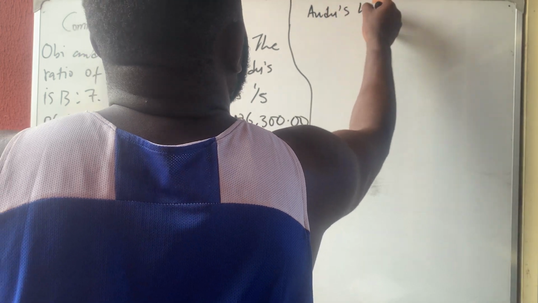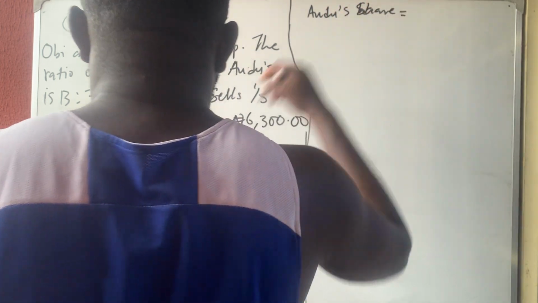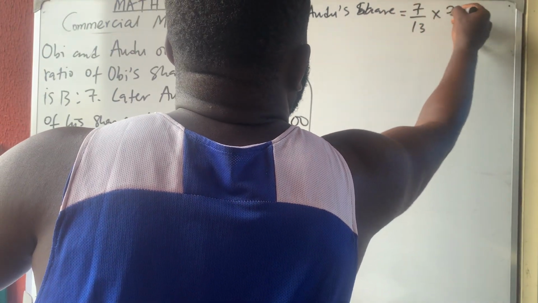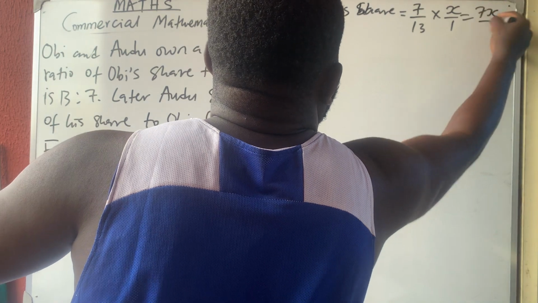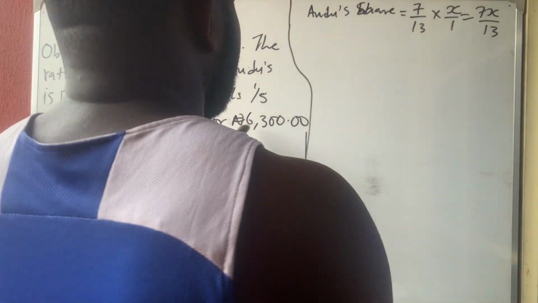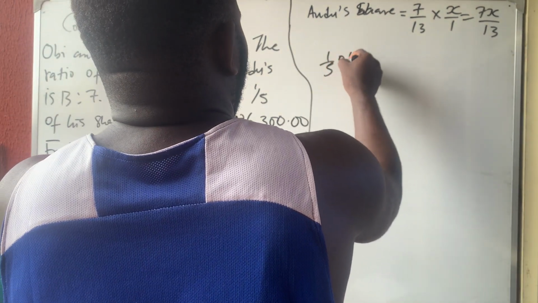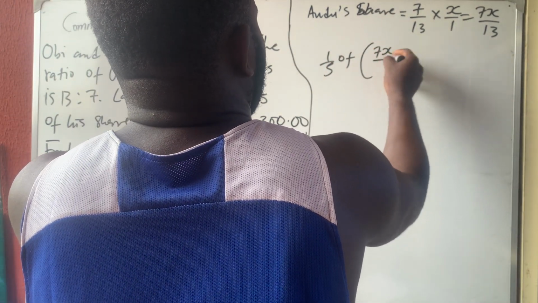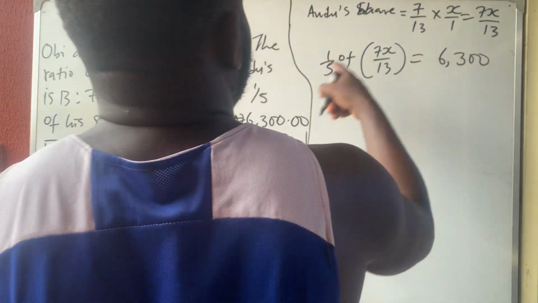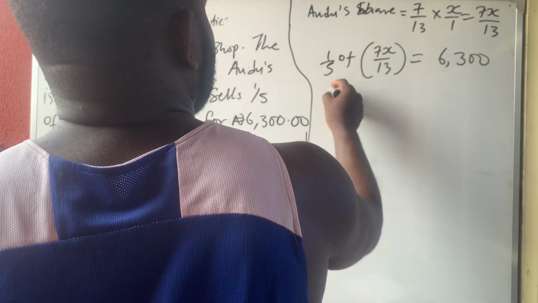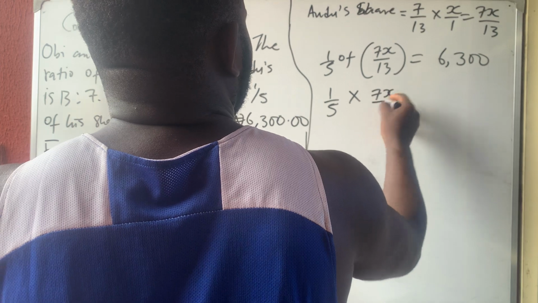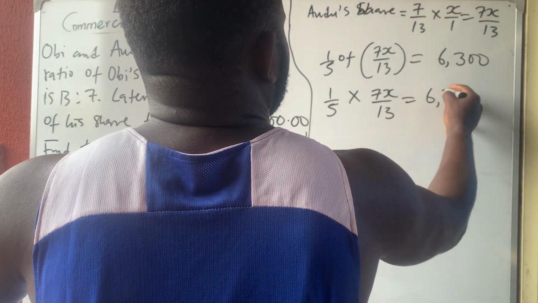Audu's share is equal to his ratio 7 over 13 times the total amount x over 1, which is 7x over 13. But he sold 1/5 of his share for this thing. So 1/5 of his share, 7x over 13, is what he sold for 6,300 naira. So what do we have now? Of means times: 1/5 times 7x over 13 is equal to 6,300.